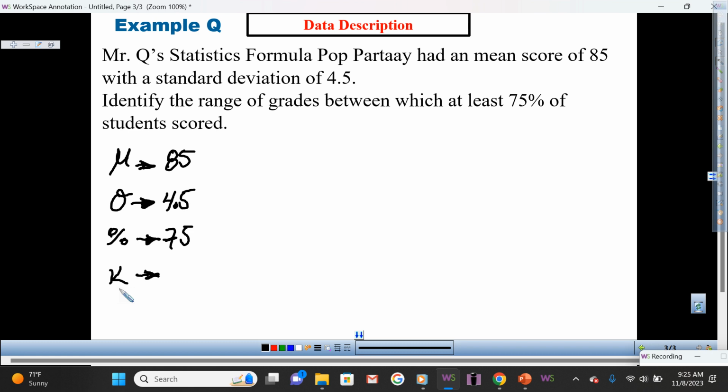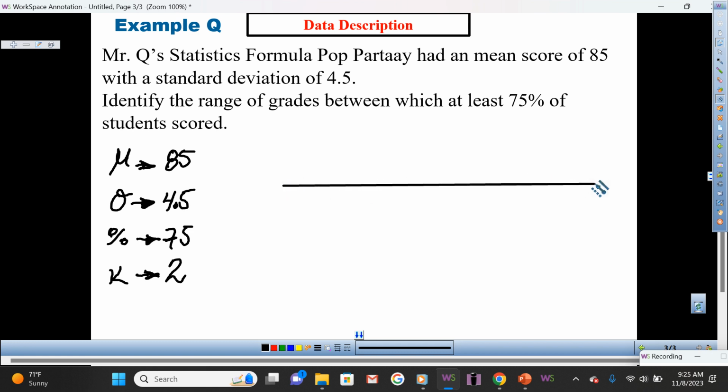Tell your neighbor. Everyone. Yeah, you write 2 right there. All right, so let's see between what scores that falls between.